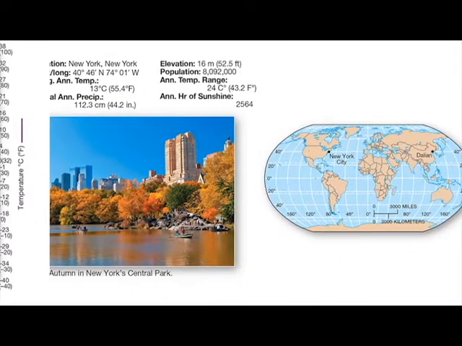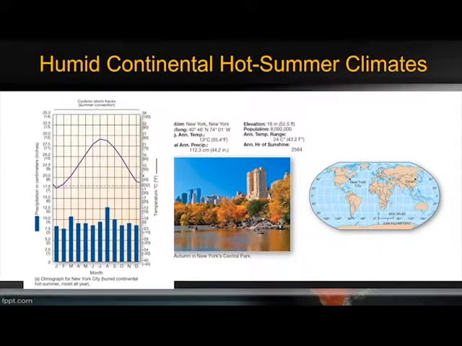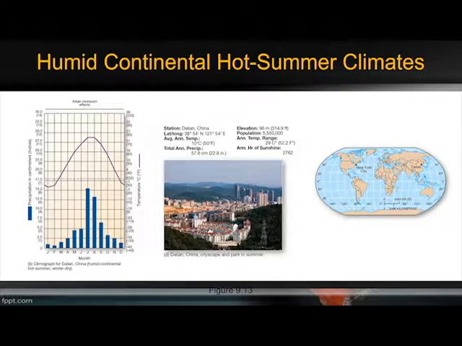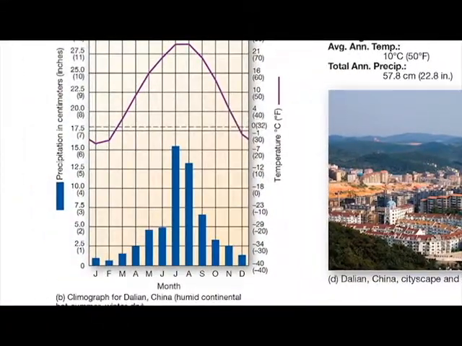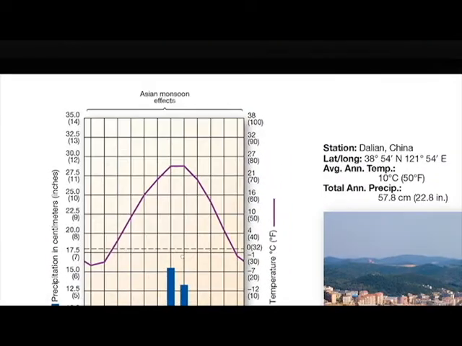New York also has something that, like in China, has similar characteristics. Both of them are humid continental, hot summer. The next one is still in the same category, but look at the signature. Even though it's a little farther, you can see the monsoon signature, where you have the monsoon effect.